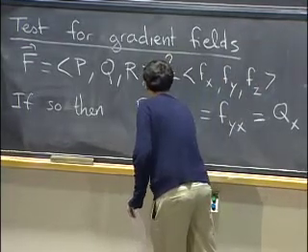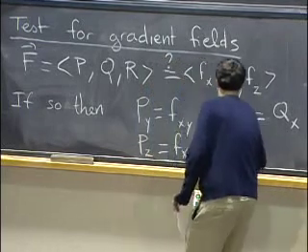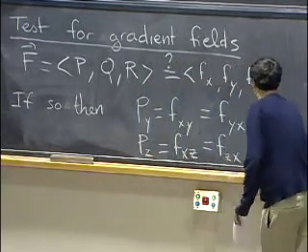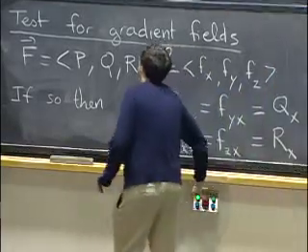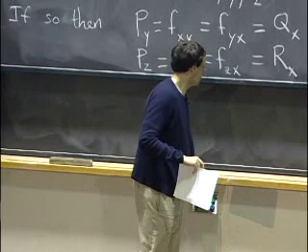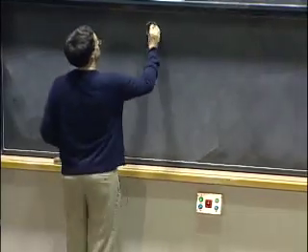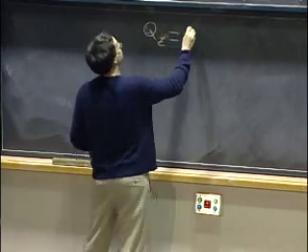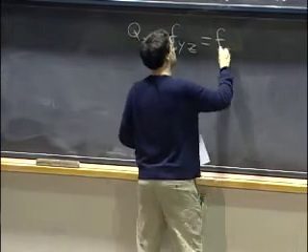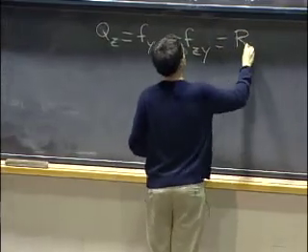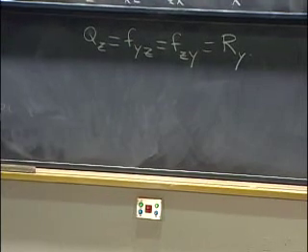So p sub z is f sub xz, which is the same as f sub zx, so it should be the same as r sub x. And finally, Q sub z, which is f sub yz, equals f sub zy equals r sub y. Okay, so we have actually three conditions.